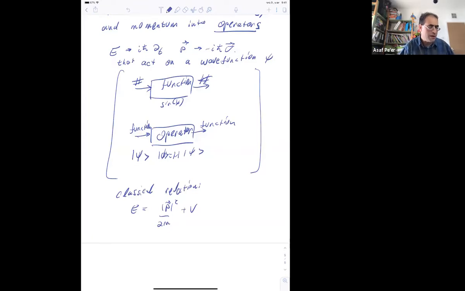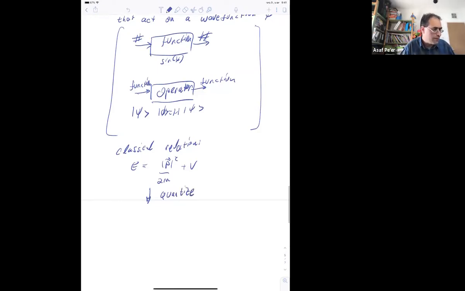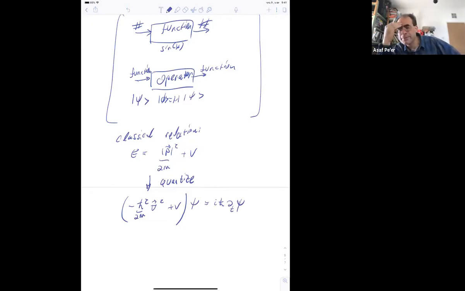Then we apply the quantum prescription, so we quantize. That means these two sides become operators that act on wave functions. Then this gives us minus h bar squared over 2m nabla squared plus V, acting on psi, equal to i h bar d/dt psi. And voila, we got Schrodinger's equation without the need to do anything.